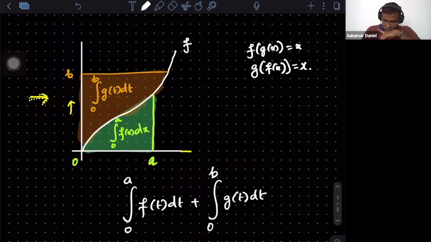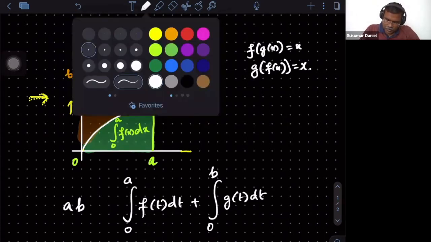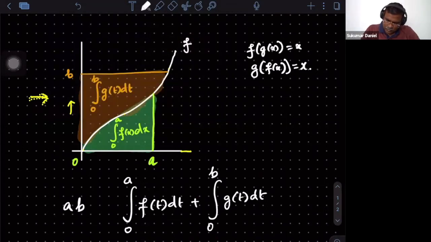And can you comment something about this a into b? So what is a into b? It is the rectangle whose length and breadth are a and b. So can you see this? So this is the area that we are considering.